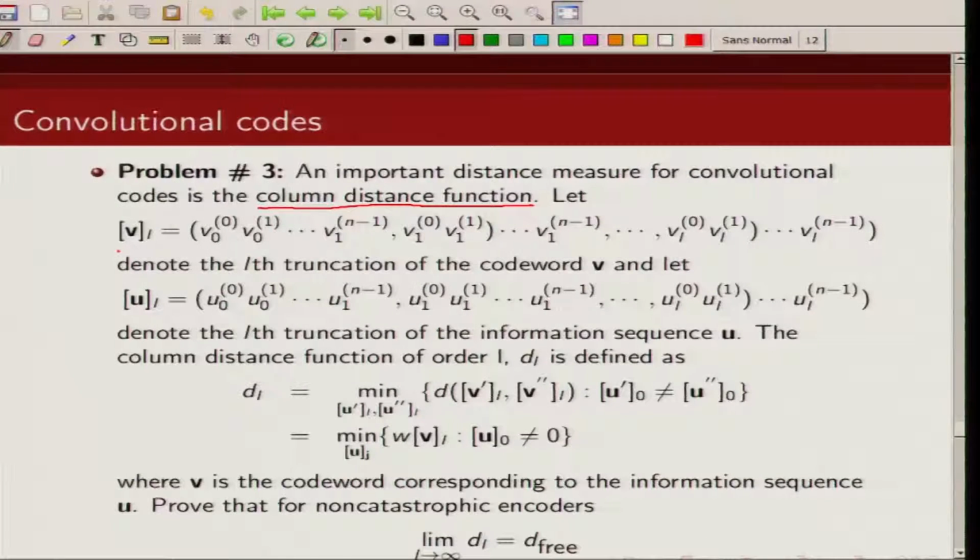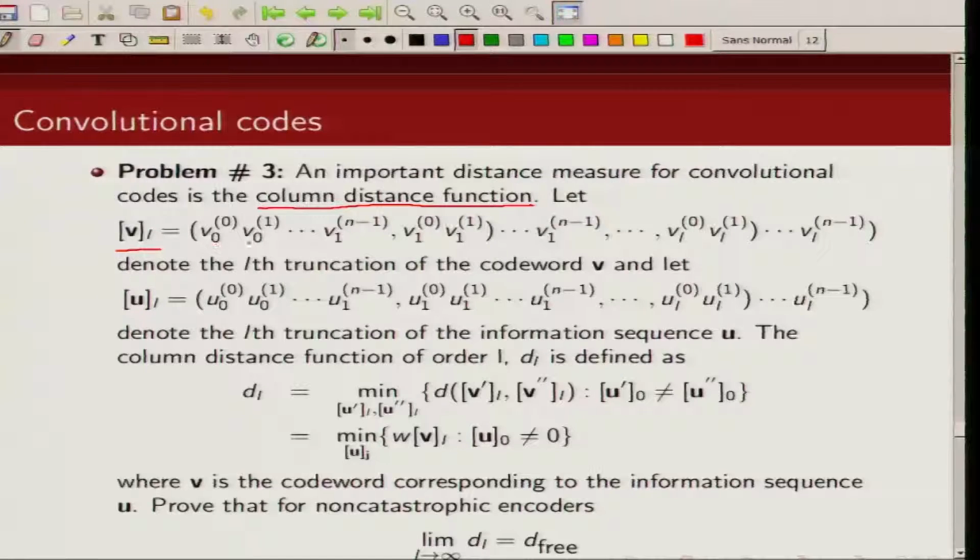Before that, I am describing the output code sequence V, which is truncated up to length L. So, this notation that you see, V sub L, shows essentially our code word up to time L. And what is our code word up to time L?